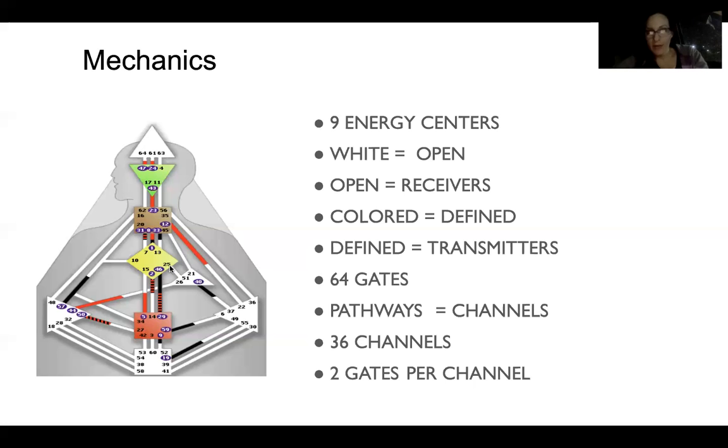And then the pathways are the channels, and that is when the 46 meets with the 29, that is a defined channel. There's 36 of those, and it takes 2 activated gates to create an activated channel, but whether activated or not, we still call it a channel.